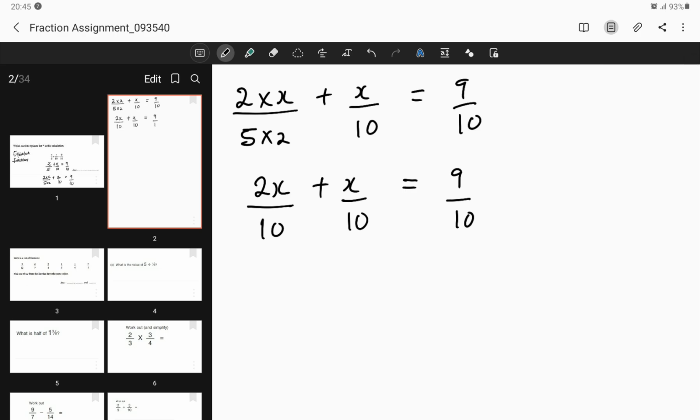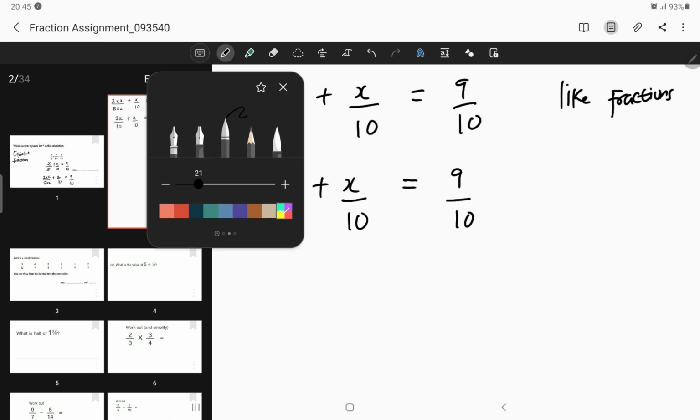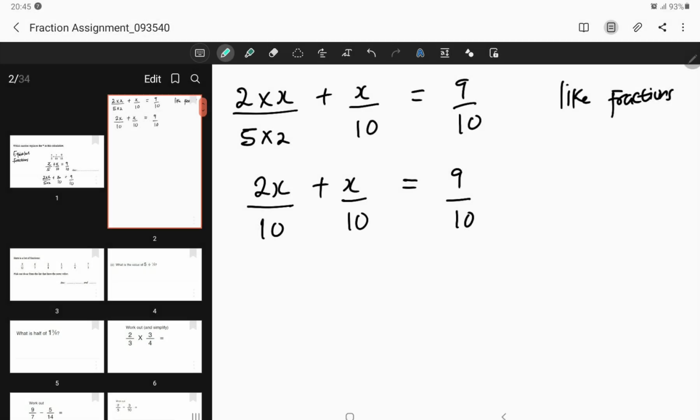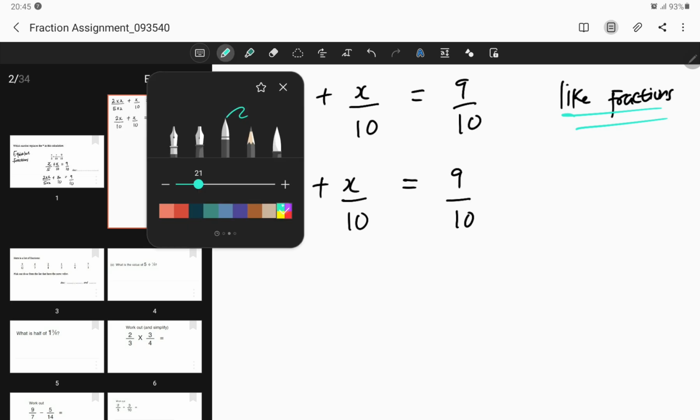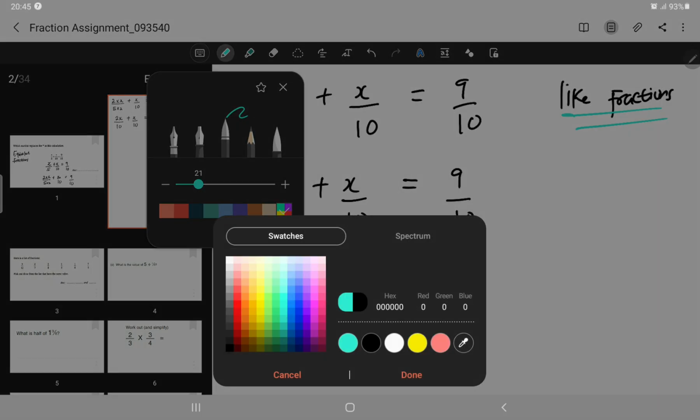We'll call them like fractions. Like fractions are fractions having the same denominator. So having said that, let's proceed and simplify.